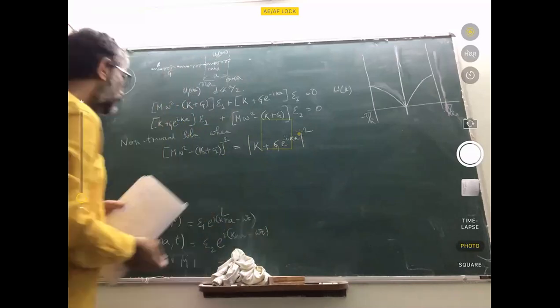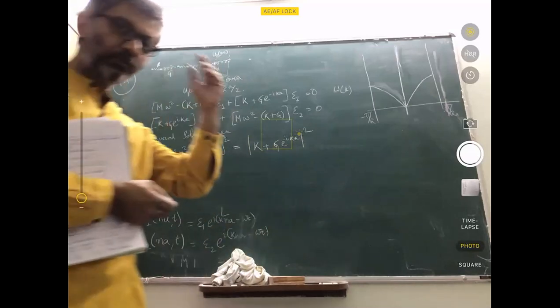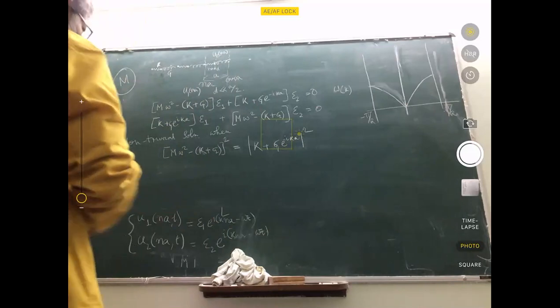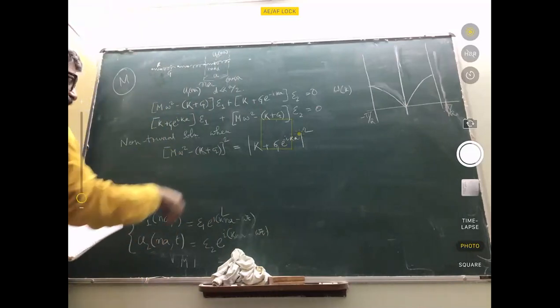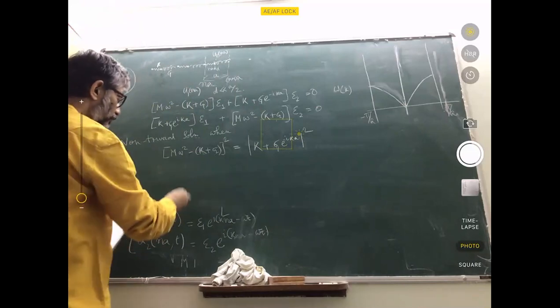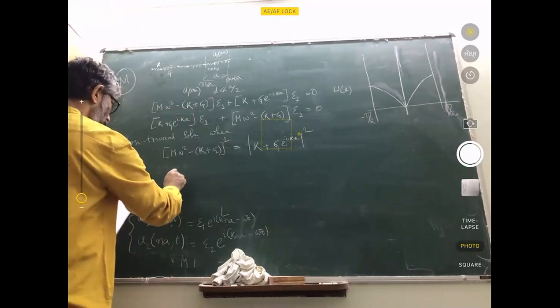So that's the condition. From here, you can calculate omega. Again, I'll leave 2-3 steps in between, which you can fill out, and you will get omega squared.